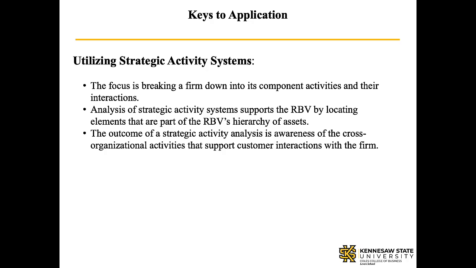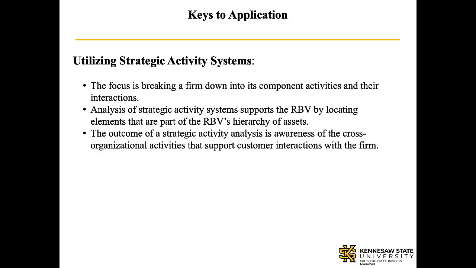The key to the resource-based view model is appropriately utilizing its terminology to distinguish between basic inputs, strengths and weaknesses, competitively valuable resources, strategic capabilities, and core competencies. This allows you to focus in on the things that make firms distinctive in the marketplace.